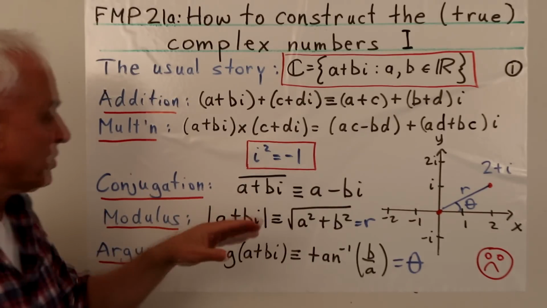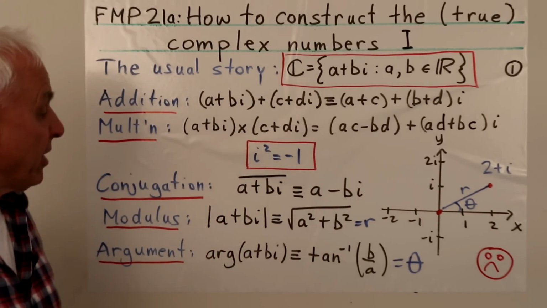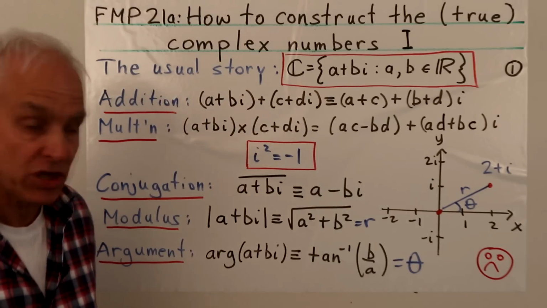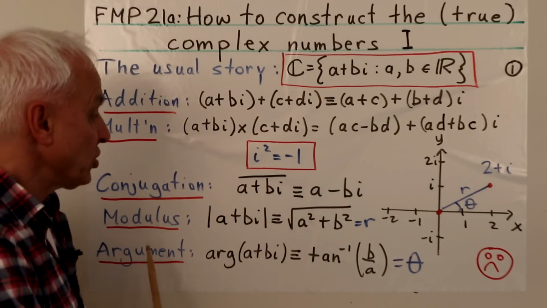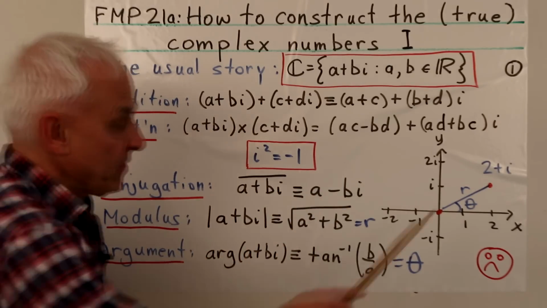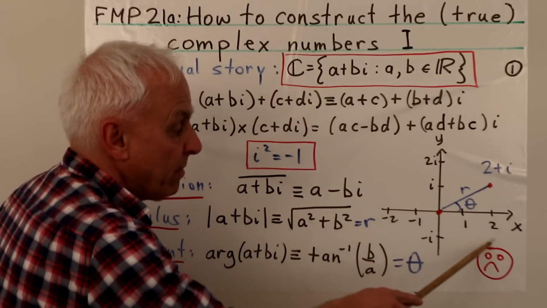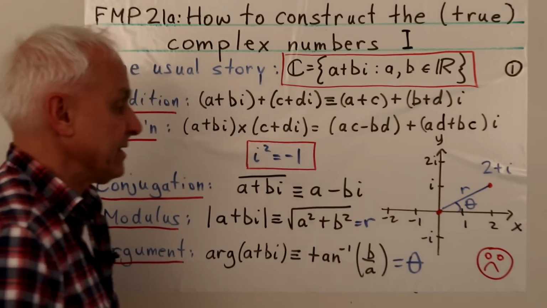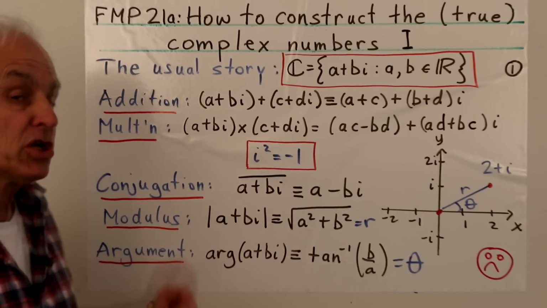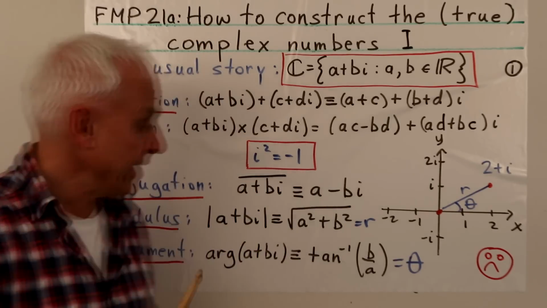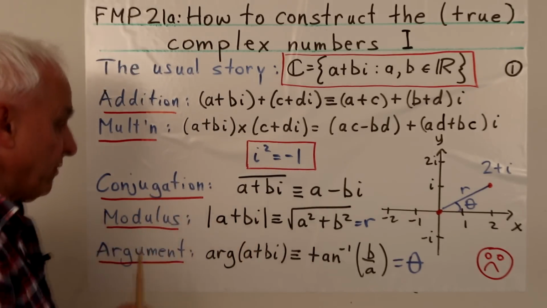And then in terms of this, we define some auxiliary concepts like the complex conjugation. The conjugate of a plus bi is a minus bi. That's like the reflection of this complex number in the x-axis. The modulus of this complex number is denoted with these absolute value signs.